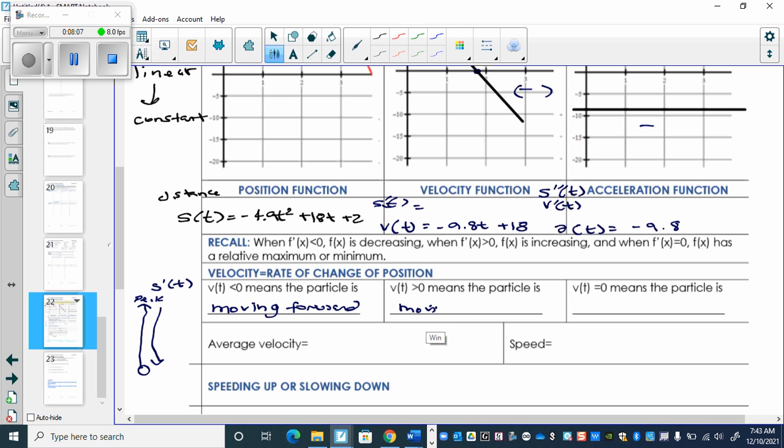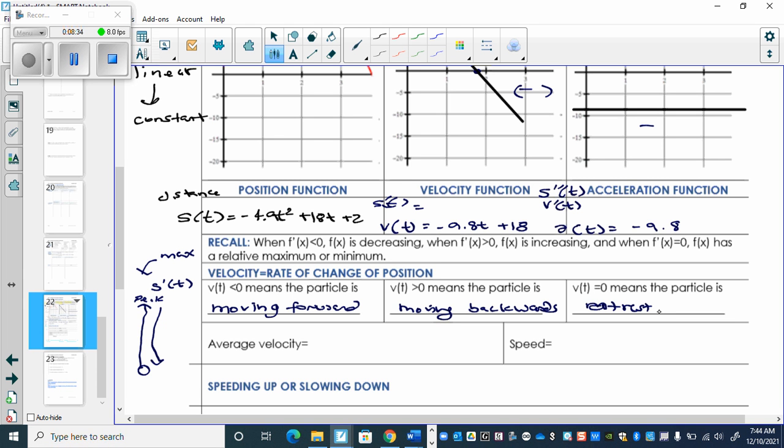So it's not necessarily that we're talking about the particle itself and not the speed necessarily. So at rest, if you look at rest at this peak, at this maximum here, it means the particle is at rest. And it's at rest because it stops moving for just an instant.